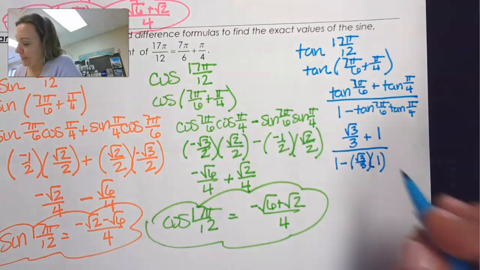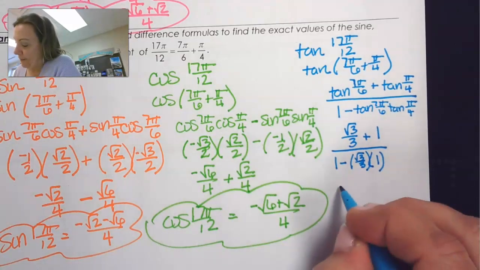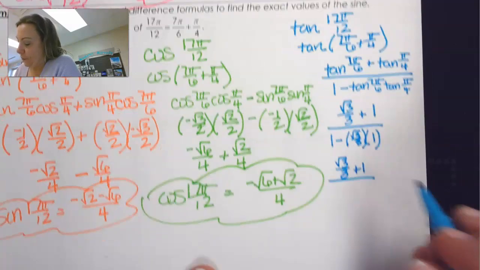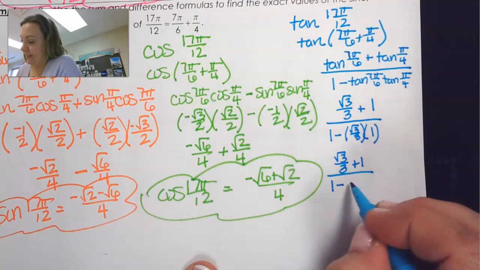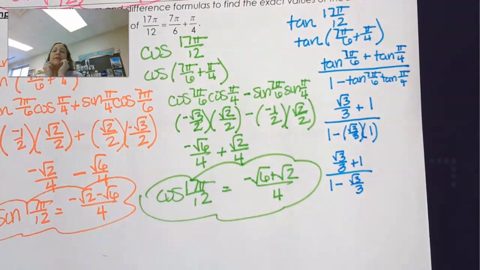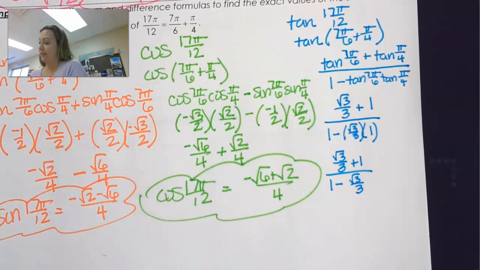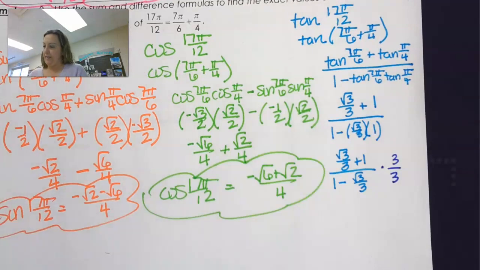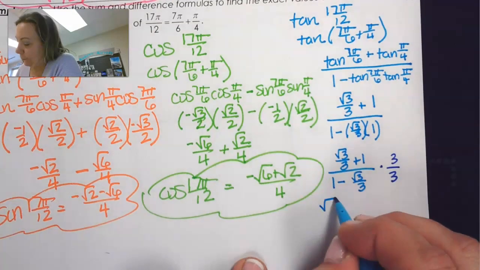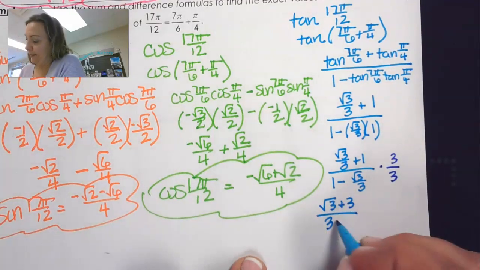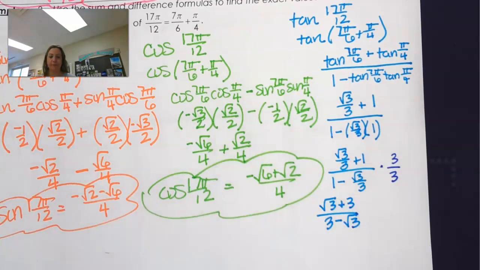Okay, so essentially we have root 3 over 3 plus 1, and then over 1 minus root 3 over 3. Okay. So we have a complex fraction, and so just to get rid of that complex fraction, what we could do is multiply by 3 over 3. And so that gives me root 3 plus 3, and then 3 minus root 3.